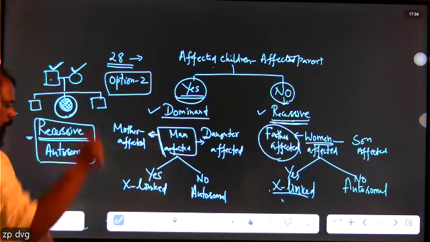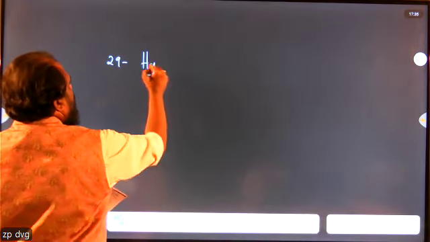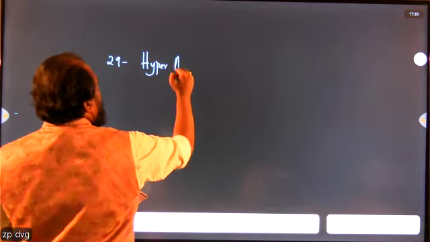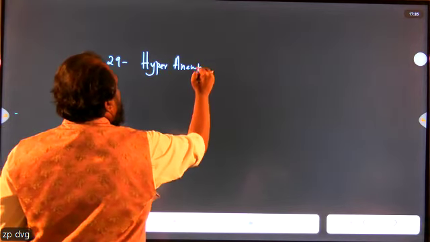Okay, let's solve question number 29. Simple, direct question. Example of hyperaneuploidy.